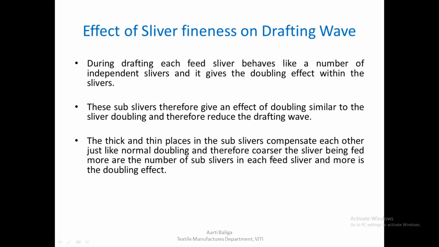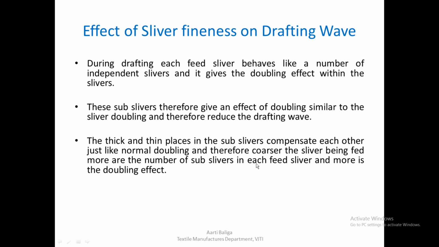So now try to understand this. If the sliver that you feed is coarser by nature, then there would be more number of subslivers within each of the fed slivers. So more the number of subslivers, that means more is the number of doubling, and better is the evenness of the particular sliver we are talking about.